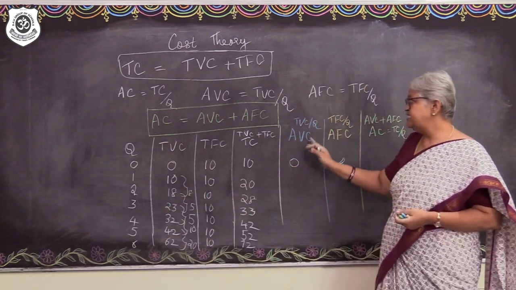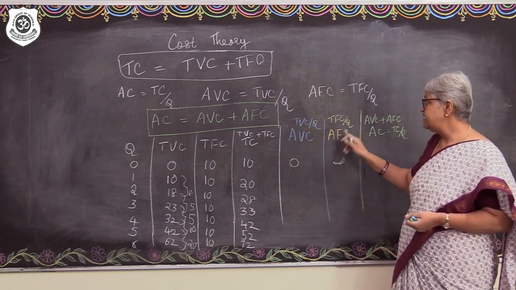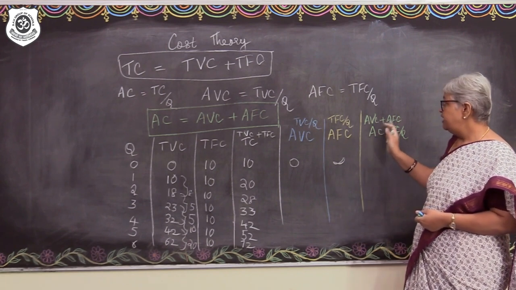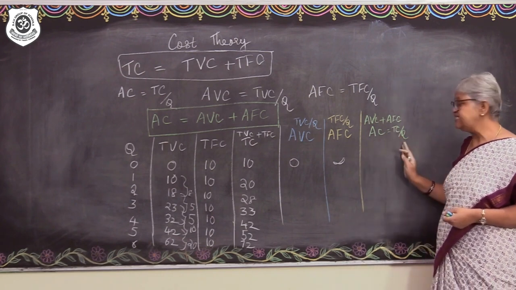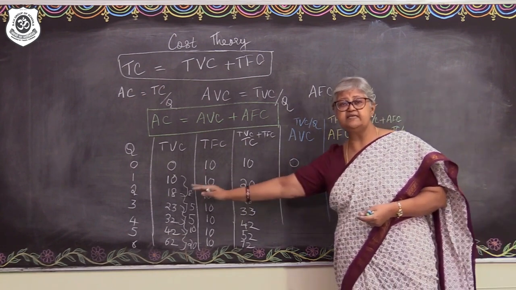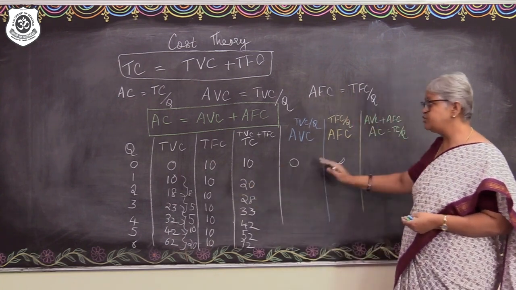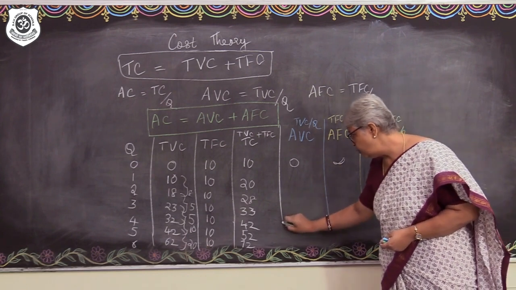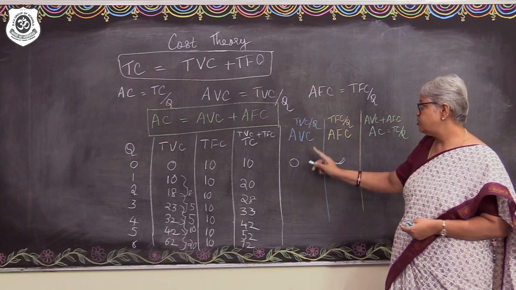Now, AVC, we have understood that to be TVC by Q. And AFC is TFC by Q and AC is combination of AVC and AFC, or it is understood as TC by Q. So the way in which these variables are going to change will affect very much the behavior of these cost curves. So let's just move on to check out how the average variable cost changes.